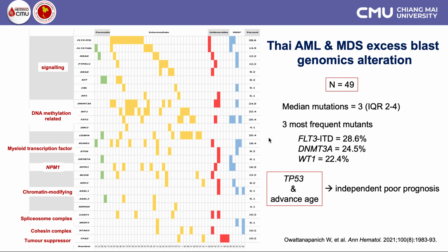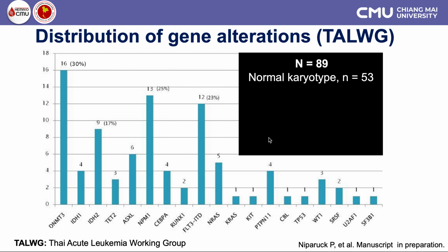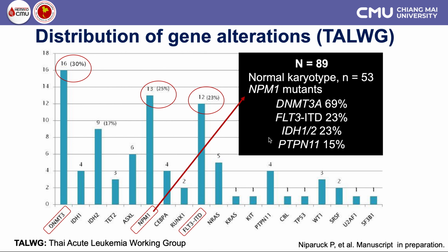Our Thai Acute Leukemia Working Group, or TALWG, provides data on the common frequent mutations of DNMT3A, NPM1, and FLT3-ITD from the AML patients registered in the Thai Acute Leukemia Registry. The co-mutation in NPM1 mutant was also shown.